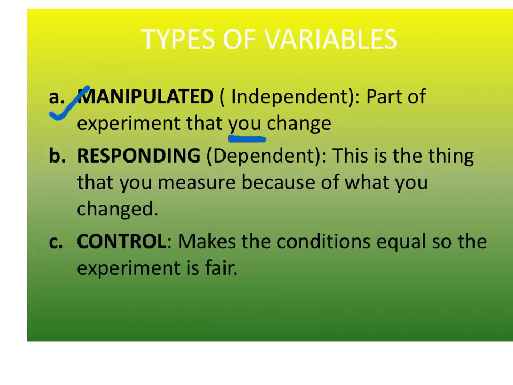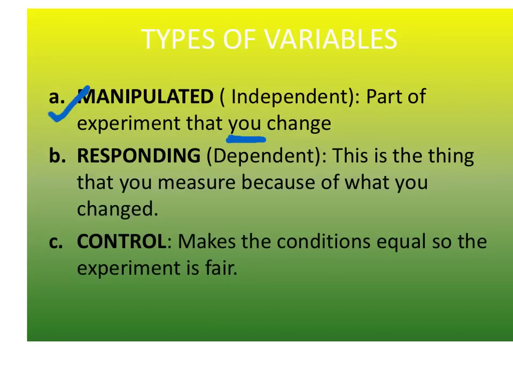For example, if we look back at our plant experiment, the amount of light or the location was the manipulated variable. So you decided to keep one of the plants on a windowsill and the other plant inside the closet. So this was your decision. This is something that you wanted to test, and we call it the manipulated variable.